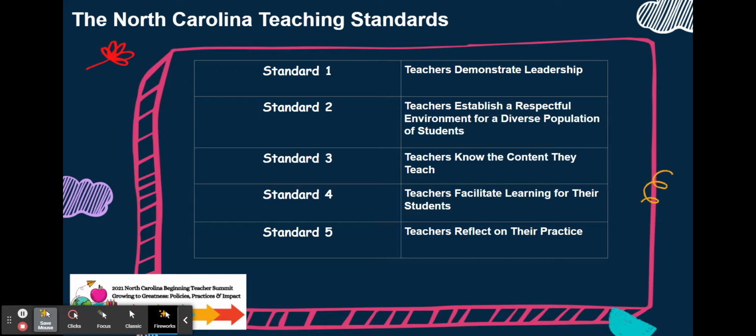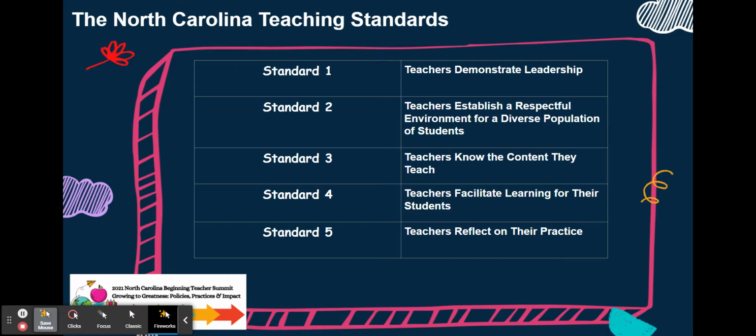You align your instruction with the standard course of study, and then take that content and present it in a way that connects and is relevant with your students. Making instruction relevant and recognizing the interconnectedness of your content area and disciplines is embodied in Standard 3.